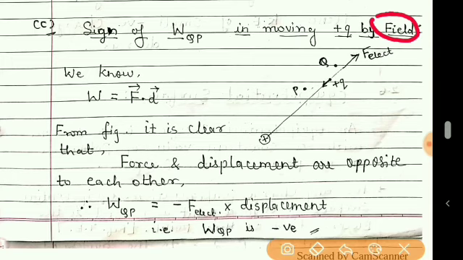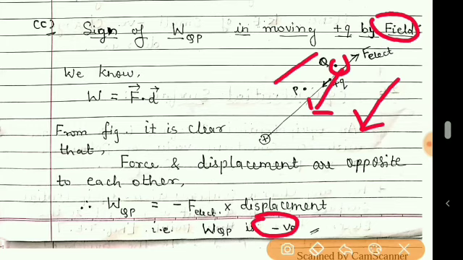Then if the external force is there, that will be positive, because if we want to move this charge from here to here by external force, then the force will be in this direction, and the displacement is in the same direction, so the angle will be 0 and cos 0 will be 1, and so F into D will be positive if the external force is given here.